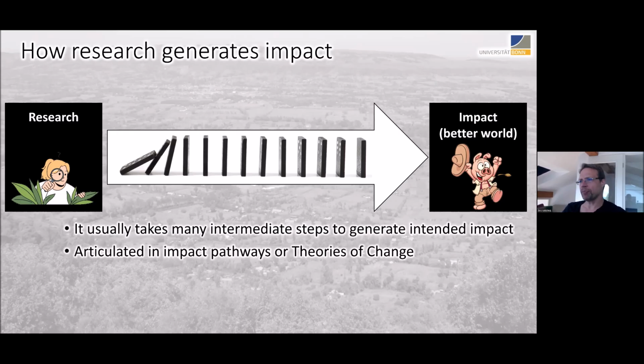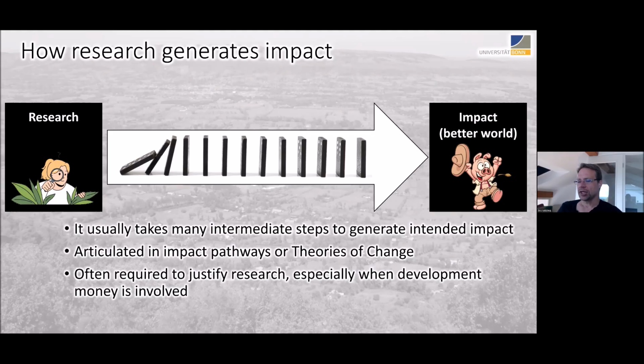Usually in development-oriented research, you're now requested always to articulate this impact and this mechanism of how impact happens through so-called impact pathways or theories of change or some other kind of theoretical conceptual construct that outlines how this all happens.